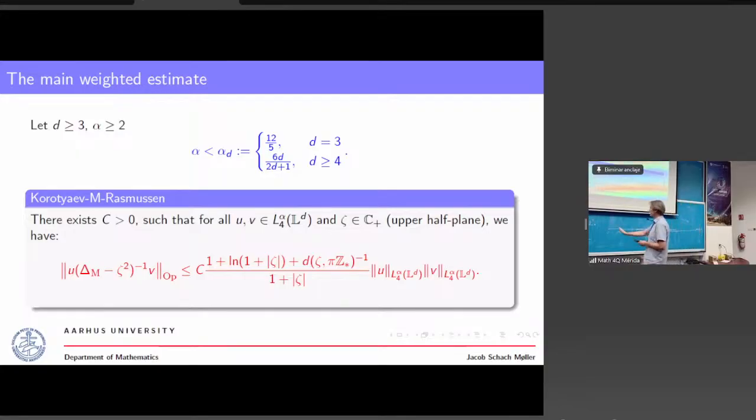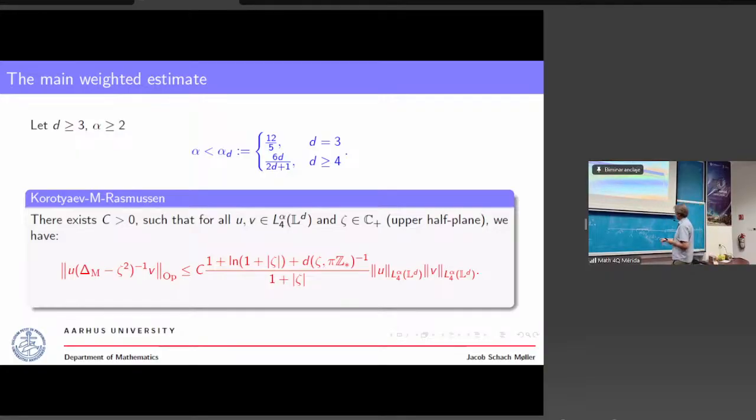I mean, how far up in the spectrum we have to go before we can say anything. And then there is the second part here. You also want to try and make that smaller than 1/2. Of course, you have to be away from the Dirichlet spectrum because it blows up at the Dirichlet spectrum.